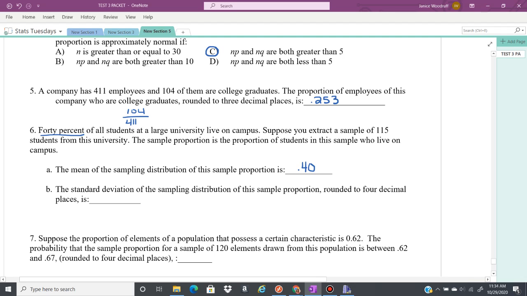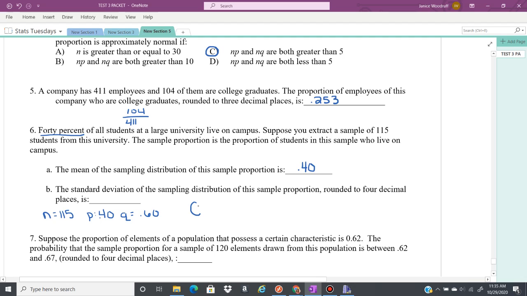The standard deviation, for 4 decimal places: you have a sample size of 115. That's your N. Your P is 0.4, and your Q then would be 0.6.